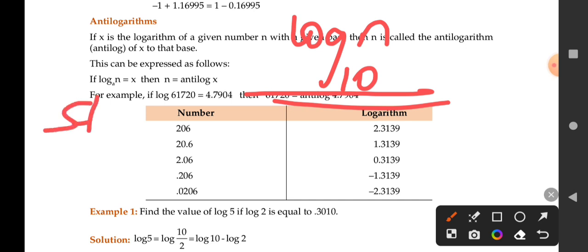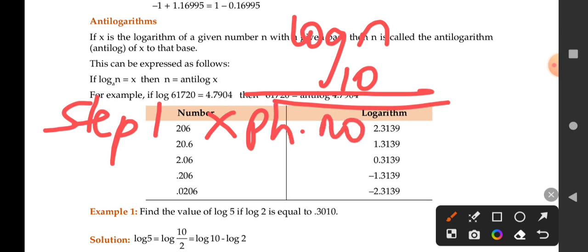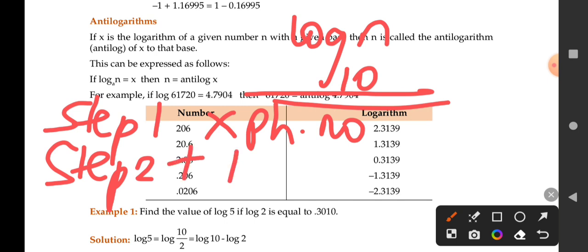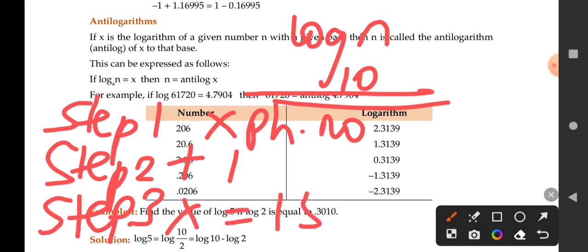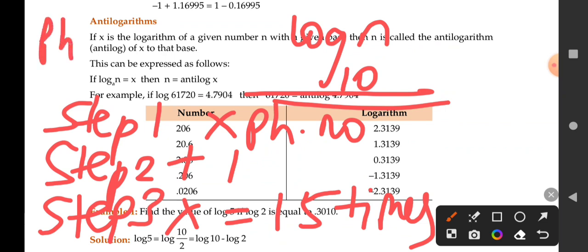Step 1: multiply by the phone number. Step 2: plus 1. Step 3: multiply equals 15 times. What is the phone number?